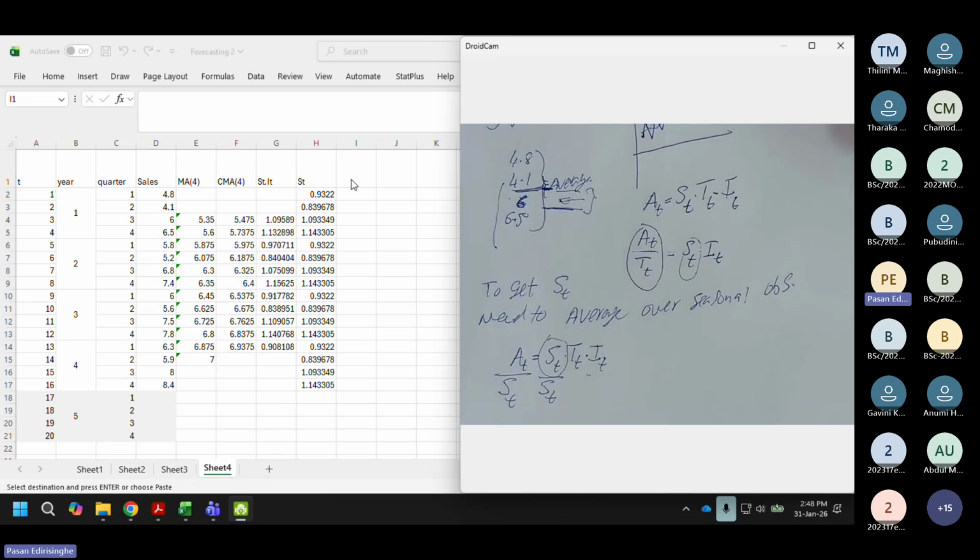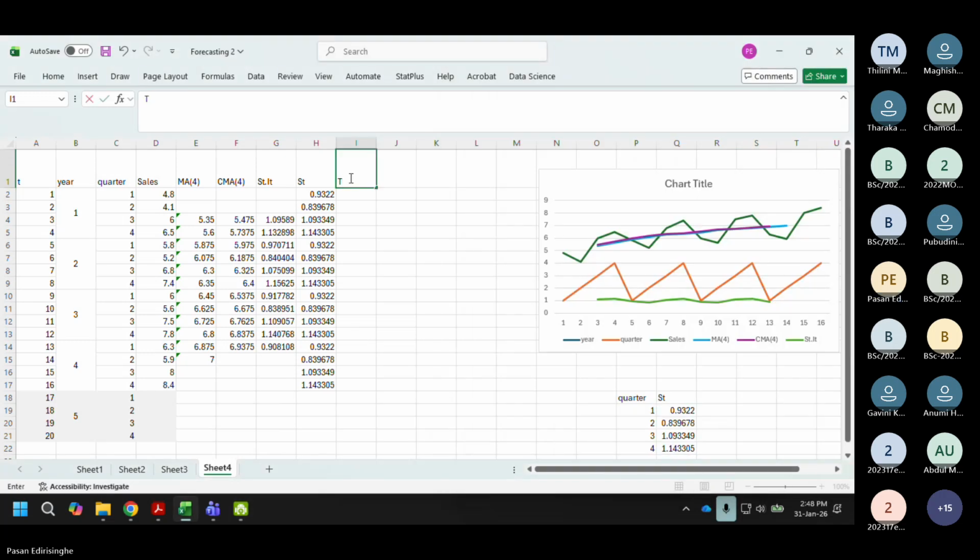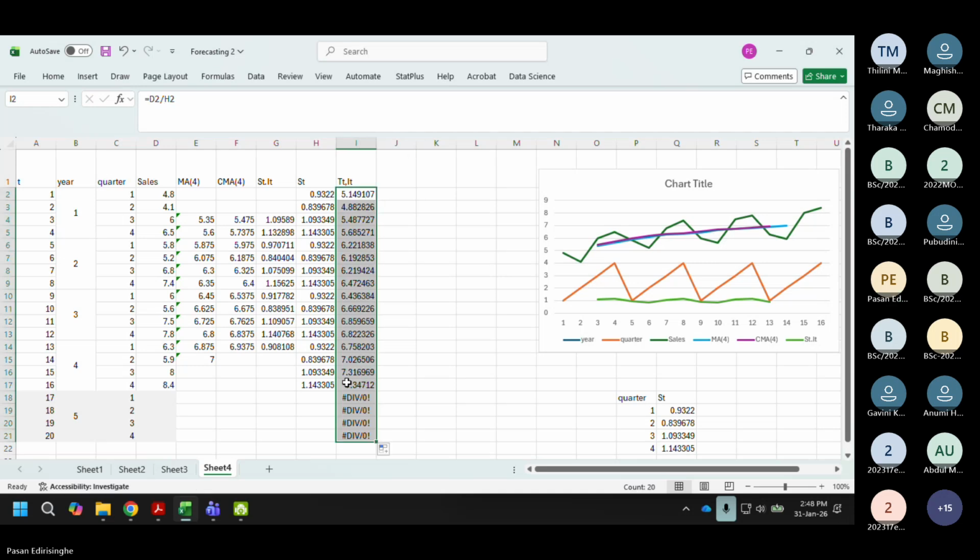So I can separate that one. That becomes the observations divided by this one here. Okay. So that's my TT times IT values.